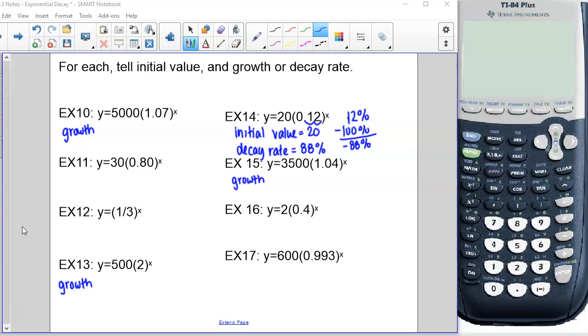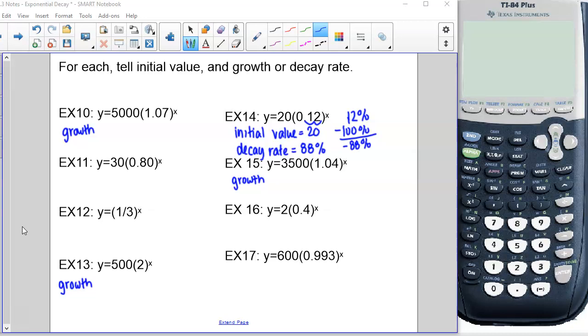Your growth rate is 100%. 14, we've already done. 15, initial value is 3,500. Growth rate is 4%. 16, initial value is 2. Decay rate is 60%. And 17, initial value is 600. Your decay rate would be 0.7%.